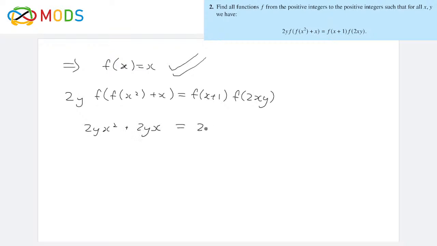Factor it out: 2x squared y plus 2xy, and both sides are the same, so it works. Okay, done. Nice. Third problem?